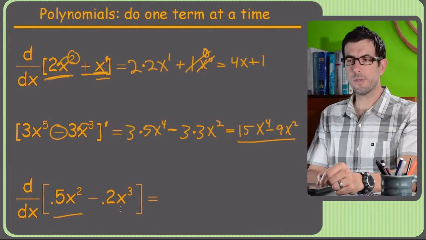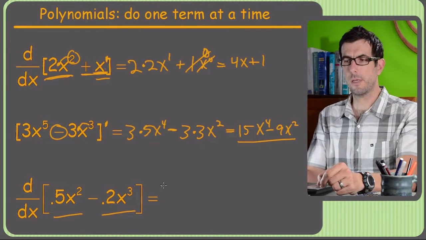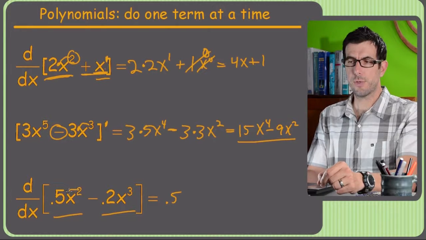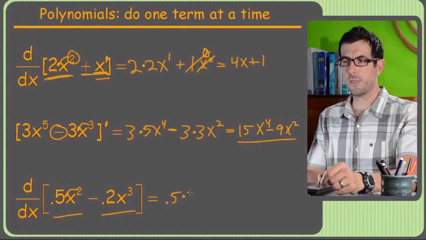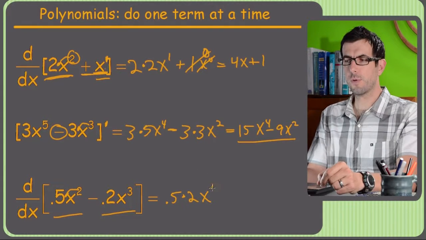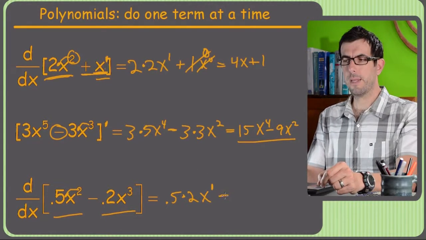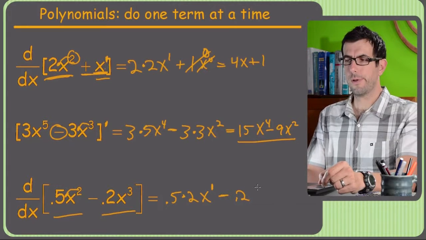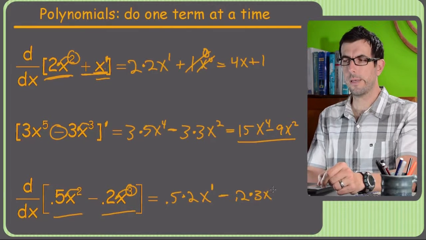Last one, decimals, no big deal, still just two terms. So we got 0.5, and then this 2 comes down here, so we get times 2x, and then the new power is 2 minus 1, which is 1. And then minus 0.2 times 3 goes down to here, so 3x squared.